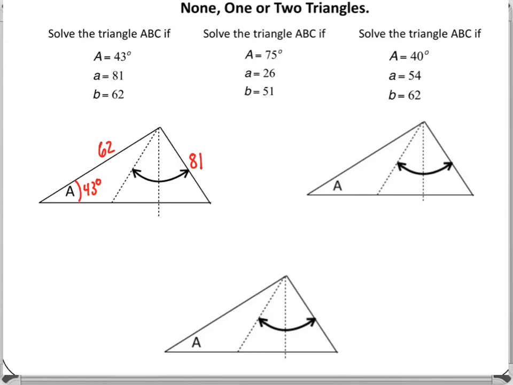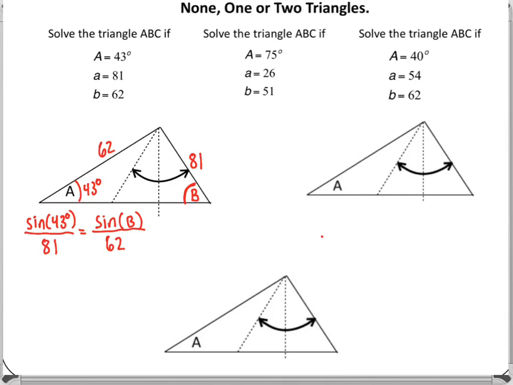So we want to set this up using the law of sines, and we're trying to solve for this angle right here. Because again, just from the previous video, we'd have this angle, opposite side, and then of course this angle and its opposite side. So let's set that up and see where this takes us.